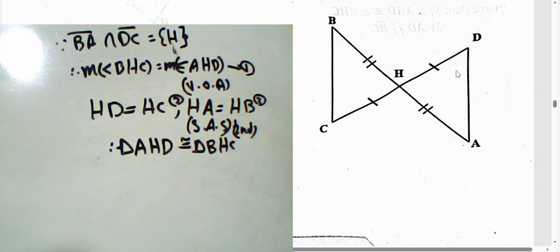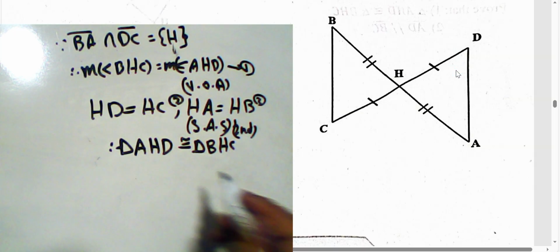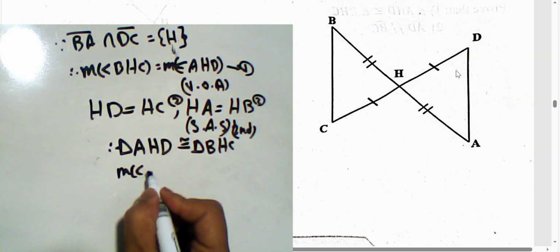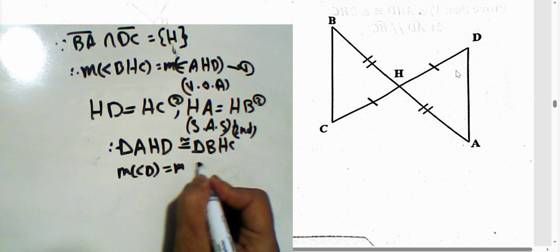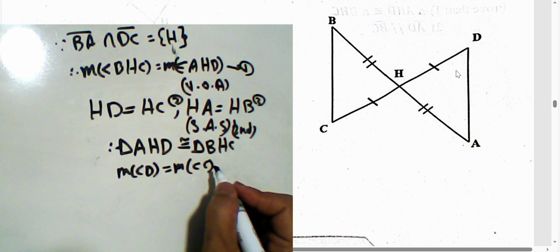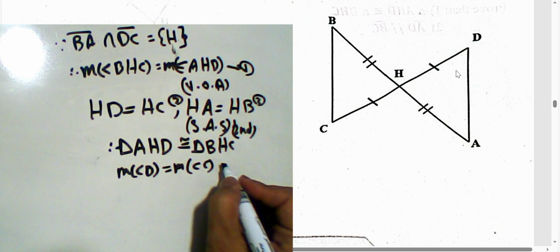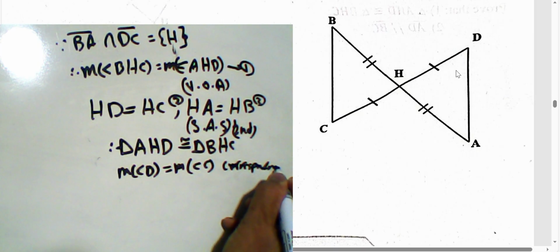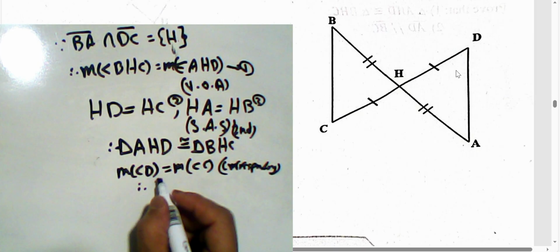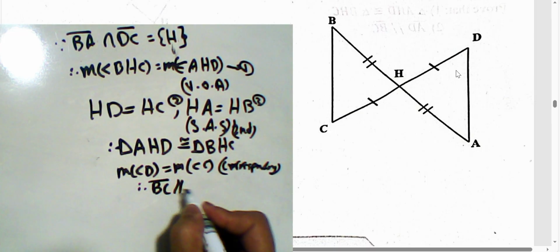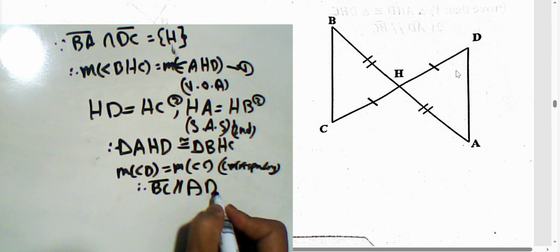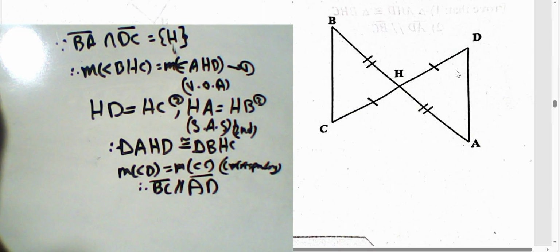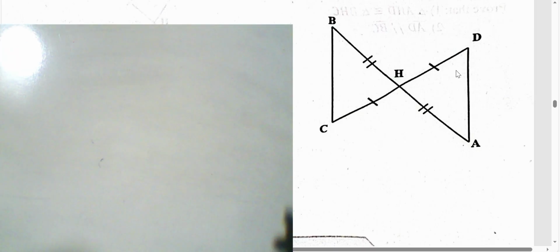So the measure of angle D is equivalent to the measure of angle C, corresponding angles. So BC will be parallel to DA or ED, because we have two corresponding angles here.